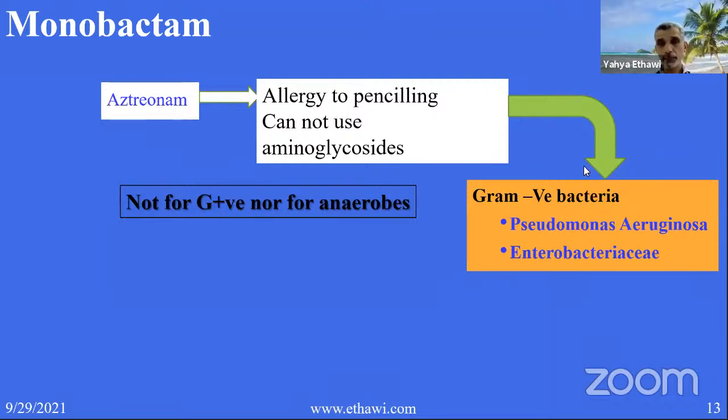It's very good against gram-negative bacteria, and it also covers Pseudomonas aeruginosa and Enterobacteriaceae. But remember, aztreonam is not good for gram-positive bacteria and is not good for anaerobes, and therefore it is not good, for example, for soft tissue infection, bites, or aspiration.